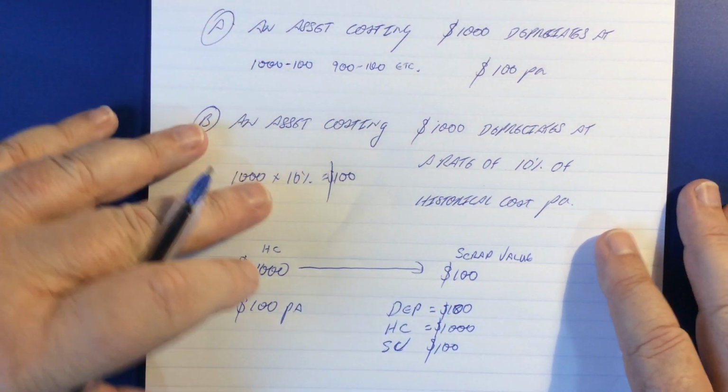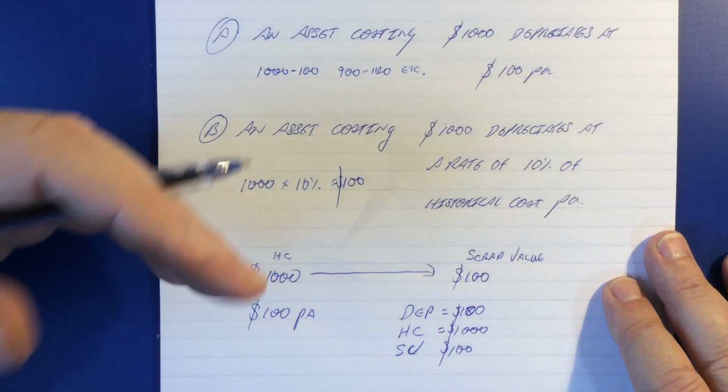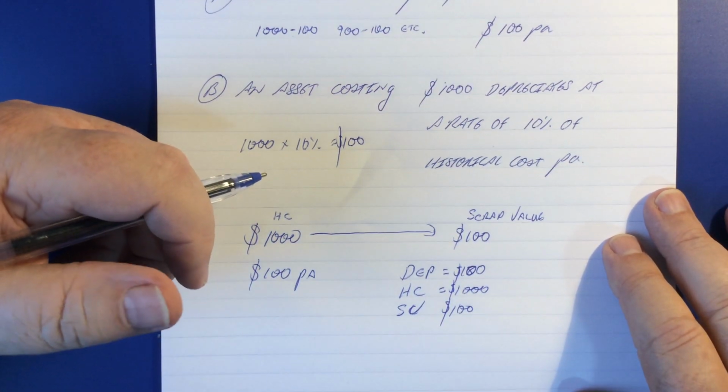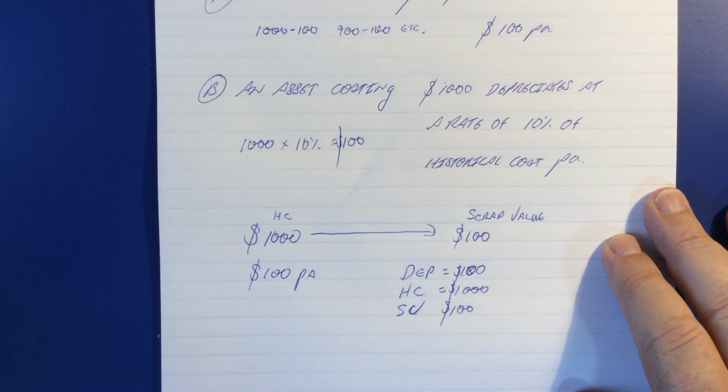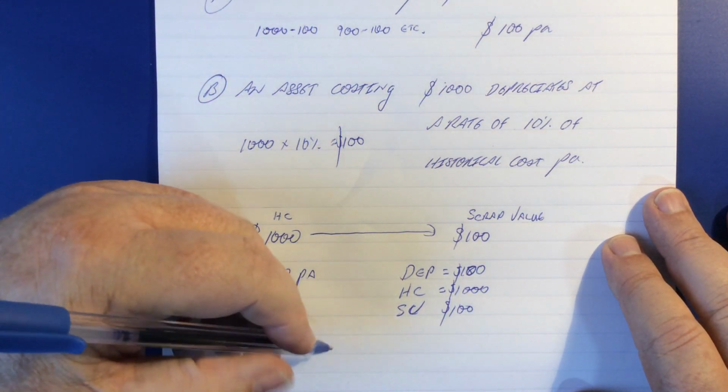Okay, so you can write this as you would write a linear equation, because the depreciation in this case is linear, it's straight line or flat rate.